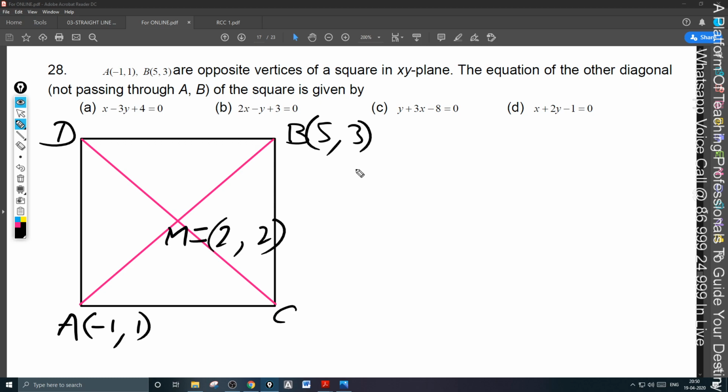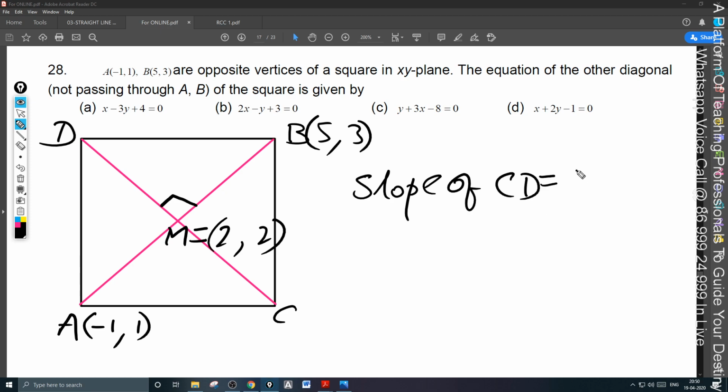So in this case, we have to work out. So we need the diagonal CD. Angle between them, as you know, is always 90 degrees. What is slope of CD?